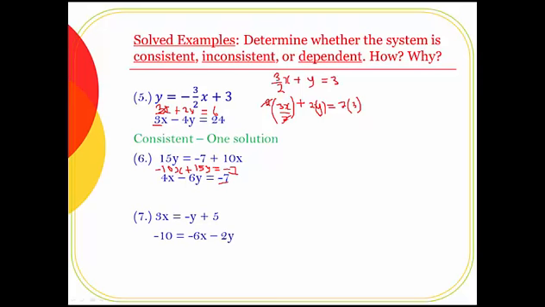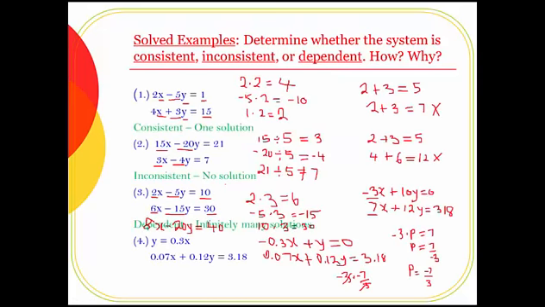Like I said, remember what we said in the previous one. You come and say 2 plus 3 is 5, and you come again and say 2 plus 3 is 7. Or you say 2 plus 3 is 5, and then you say 4 plus 6 is 12, instead of it giving you 10 so that you can make it a dependent system.